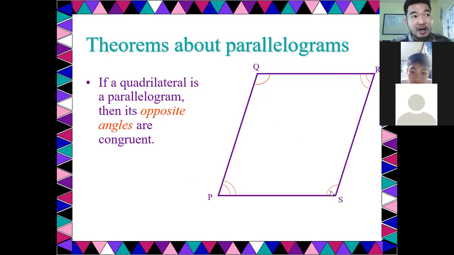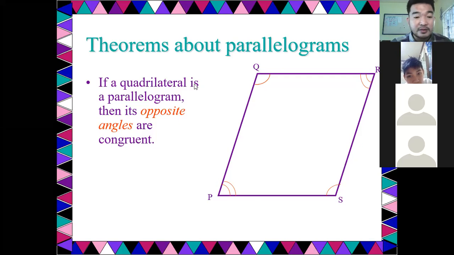Tandaan nyo ha, kapag parallelogram, yung magkatapat na angles, they are congruent. Opposite angles are congruent. Another, AZ. If angle S is equal to 105 degrees, what would be the measurement of angle Q? 105 din po, sir. Very good.